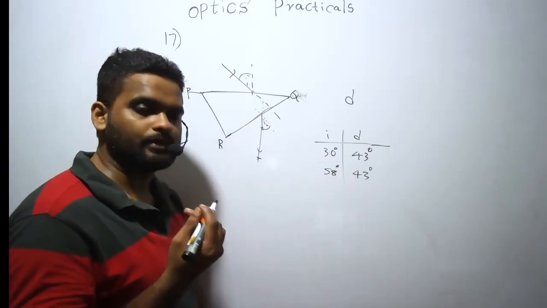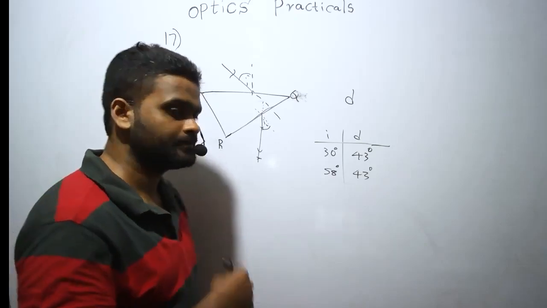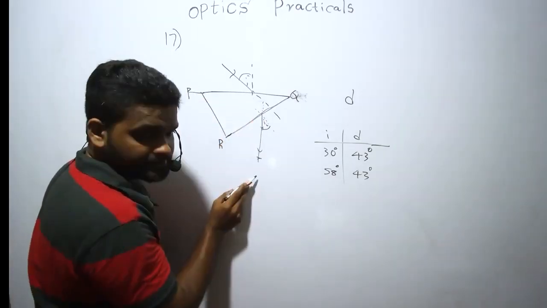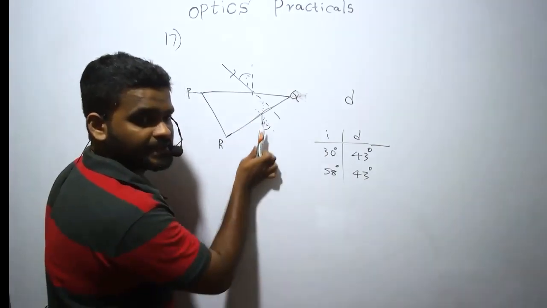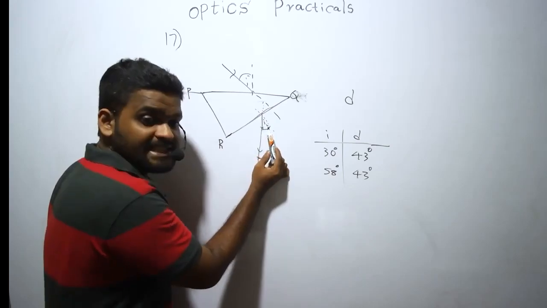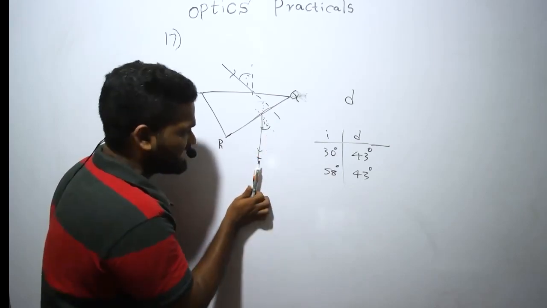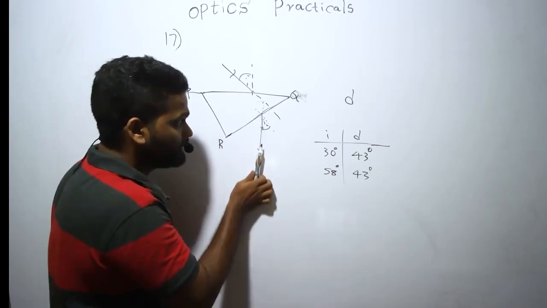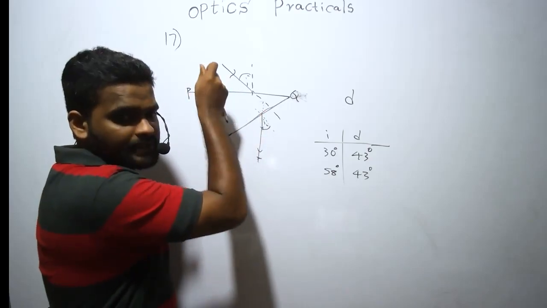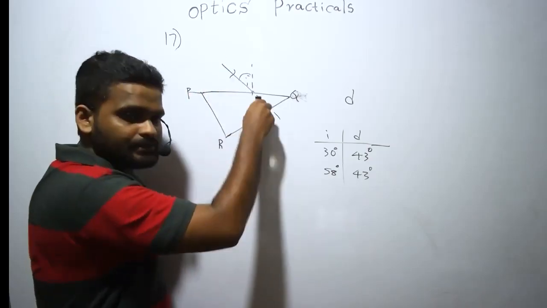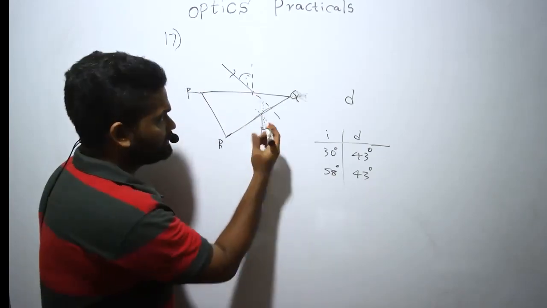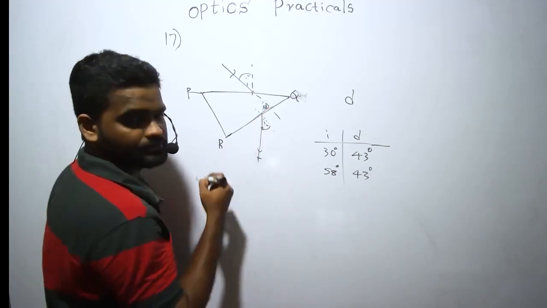Why is this? You remember the reversibility of light? If you send the light from here, it goes like this. If you send the light from this side, then this angle becomes the incident angle, and this light ray would also move along the same path. It doesn't matter which direction you send the light ray; it will have the same path. If they have the same path, they will have the same angle of deviation.